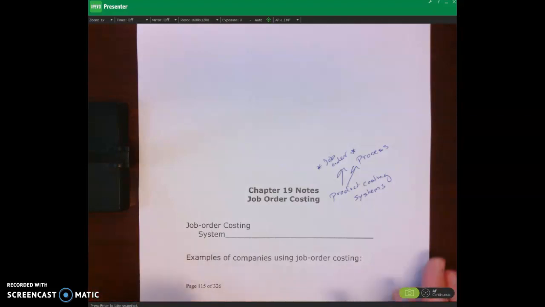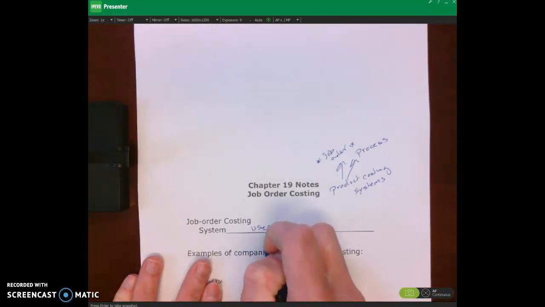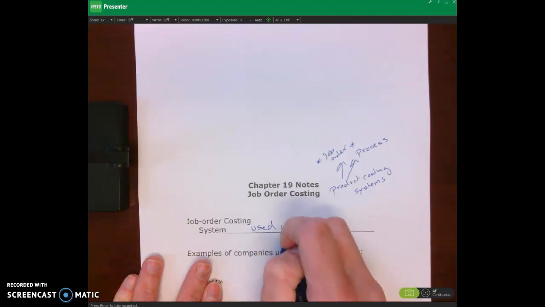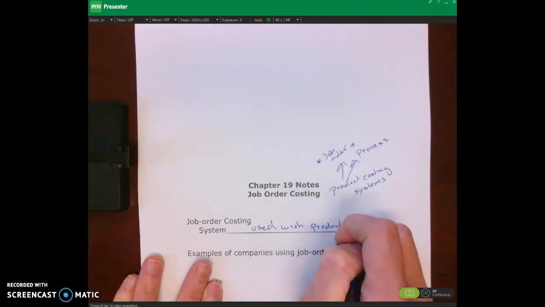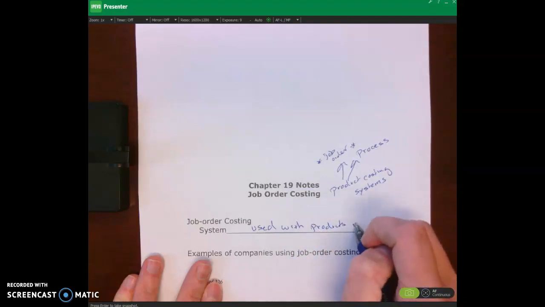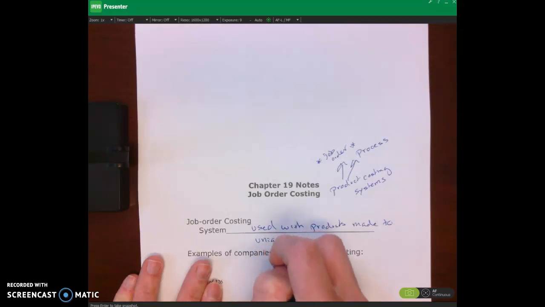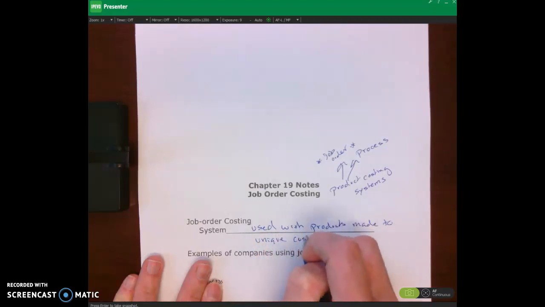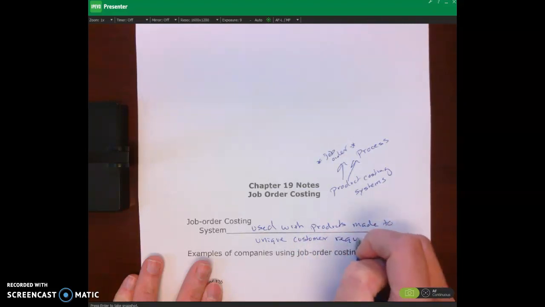A job order costing system, when is it going to be used? It's going to be used with products made to unique customer requirements.